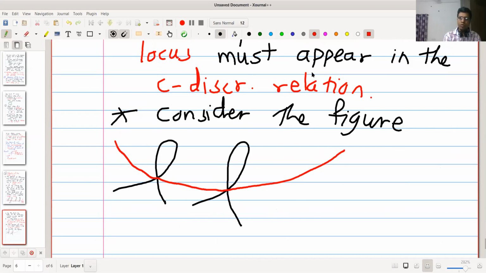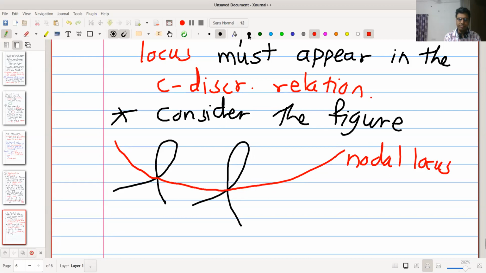Now at the points on this nodal locus, the value of P will be different for these two curves. These two curves means the curve formed using nodal points and the solution curves.